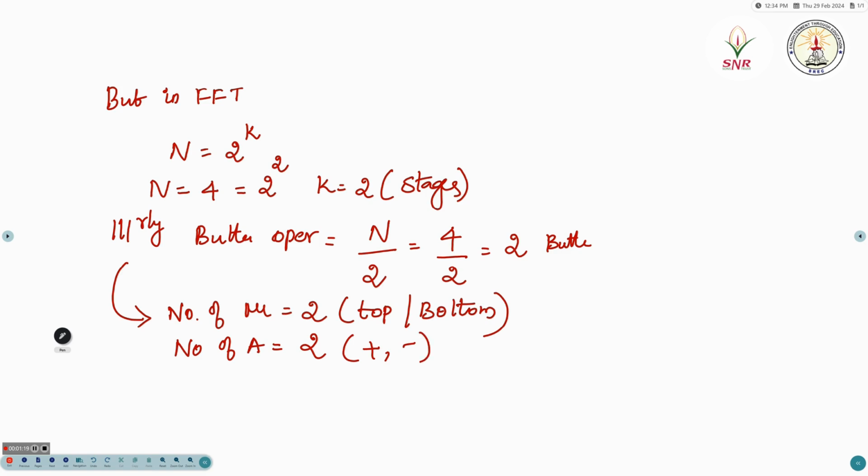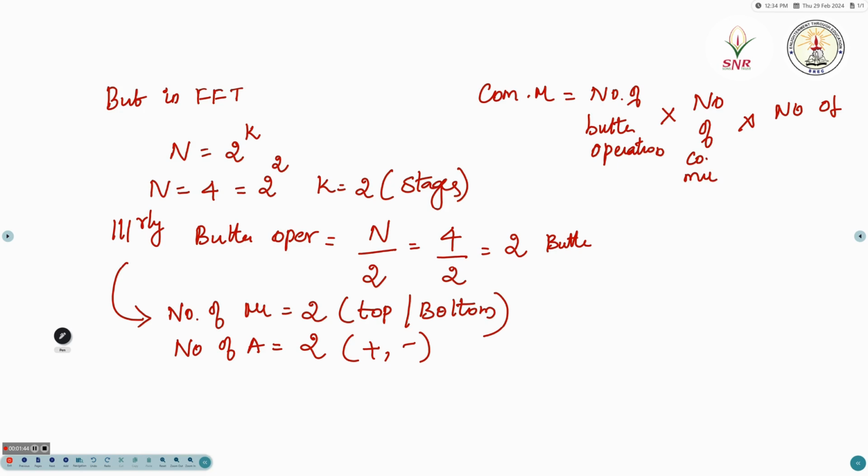So to calculate the total number of complex multiplications and additions, we are using the formula: complex multiplication is equal to number of butterfly operations into number of complex multiplications into number of stages.